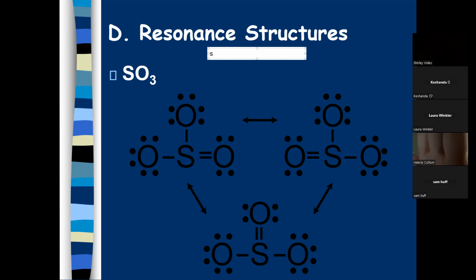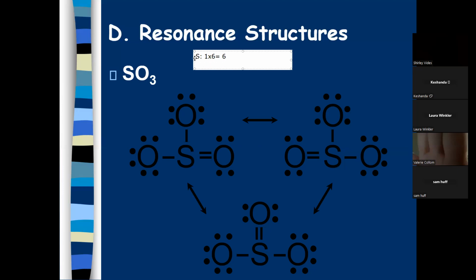We have one sulfur, and it is in group 6, which gives us a total of 6.